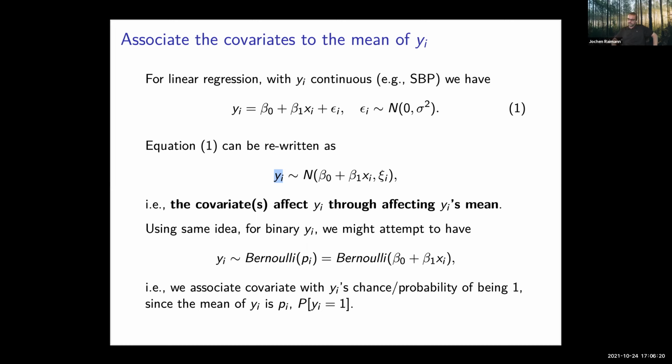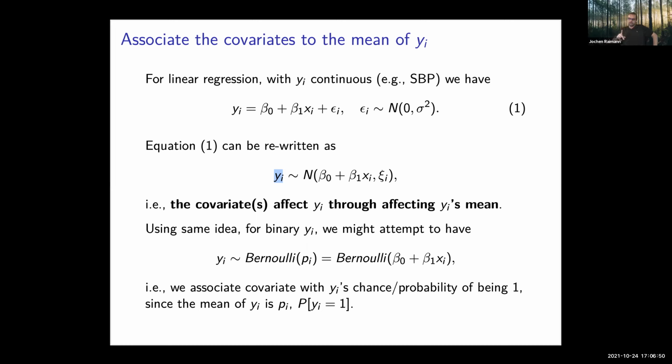So the covariates are then a Bernoulli distributed beta 0 plus beta 1 xi. It is a covariate predicting the chance or the probability of yi being 1, of yi being diabetic yes or no. What's the probability of picking a diabetic? And we're predicting that by our Bernoulli distributed beta 0 plus beta 1 xi.